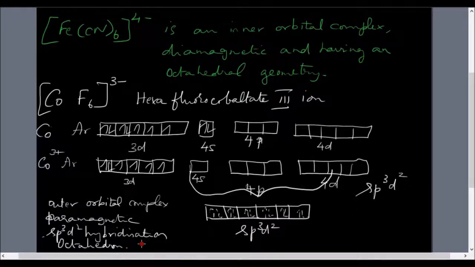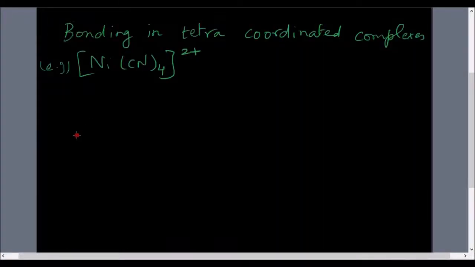We will take up the tetra coordinated complex ion next. To explain bonding in tetra coordinated complexes, I will take the example of tetracyanonickelate. This is 2 minus tetracyanonickelate ion. In this, nickel is in 2+ state. So to begin with, we will have to write the electronic configuration of the nickel 2+ ion.